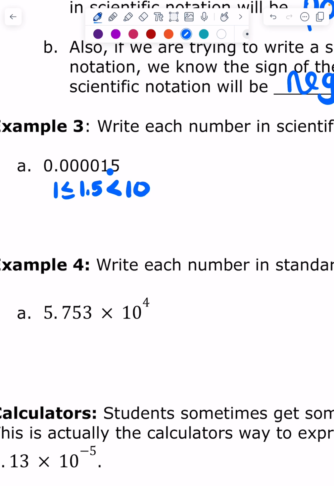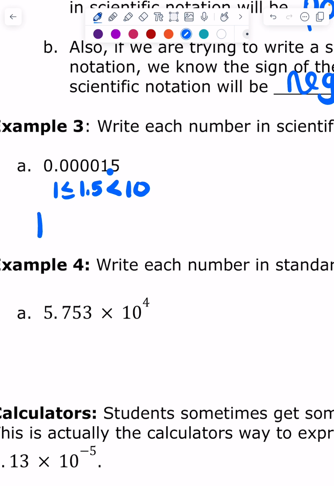And then the next thing I think about, okay, am I working with a small number where the exponent would be negative, or a large number where my exponent is going to be positive? And it's 0.000015. That's a very small number, so my exponent is going to be negative.